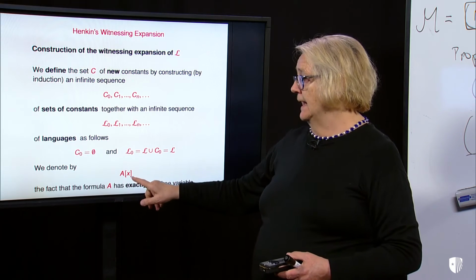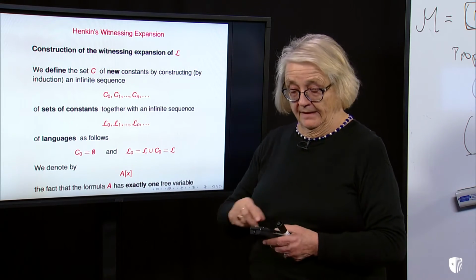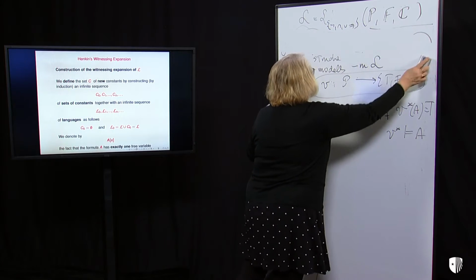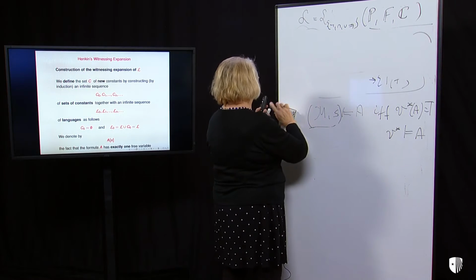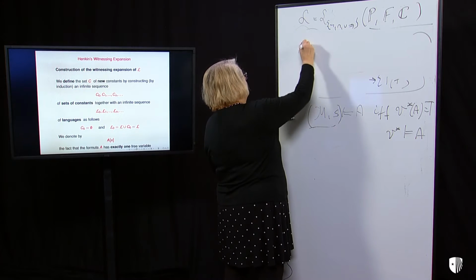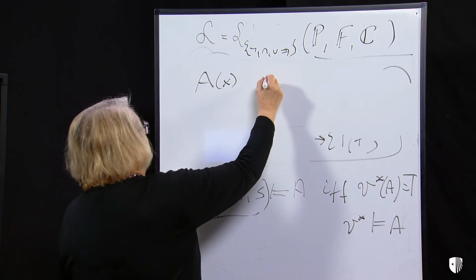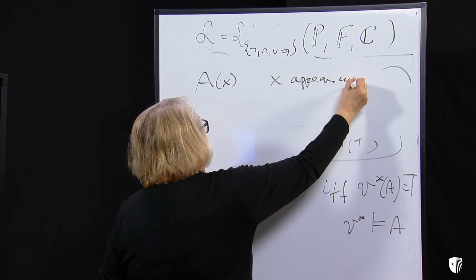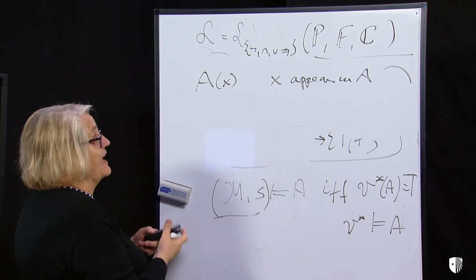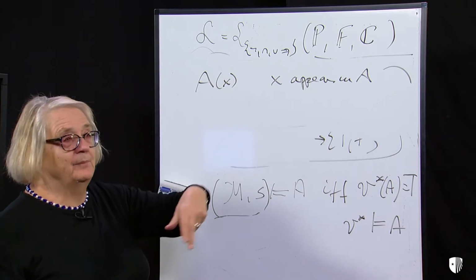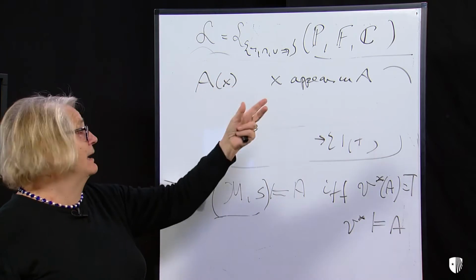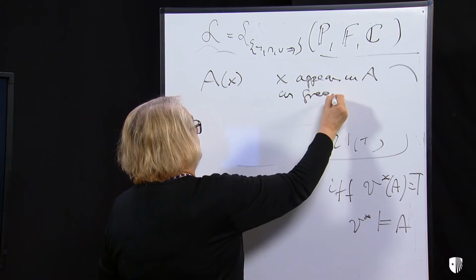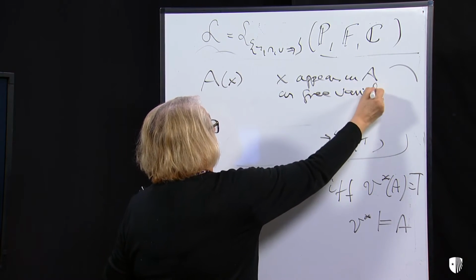A notation that is important because we will use it a lot. Remember, we have a formula A. A(x) means that x appears in A, so A has x among its other free variables.